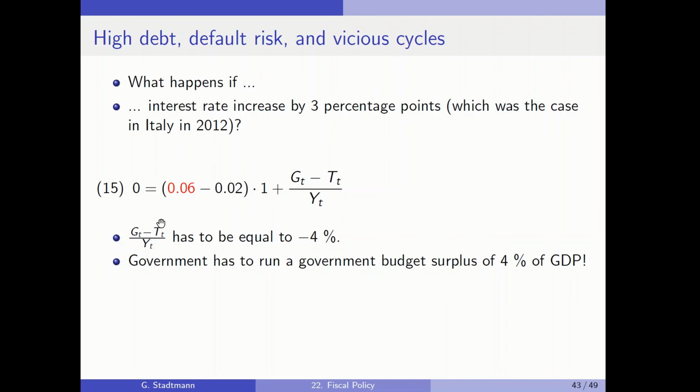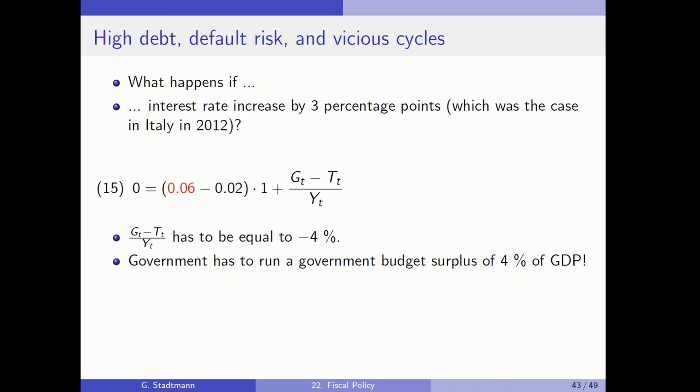Of course, the primary budget balance has to be equal to minus 4%. So the government has to run a government budget surplus of 4% of GDP. And how can the government achieve that?